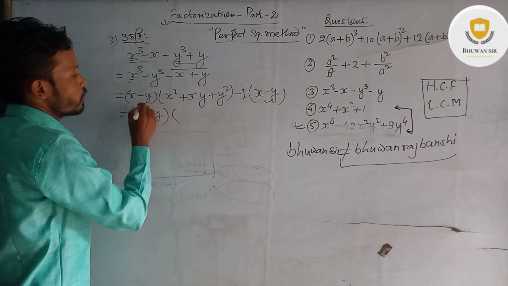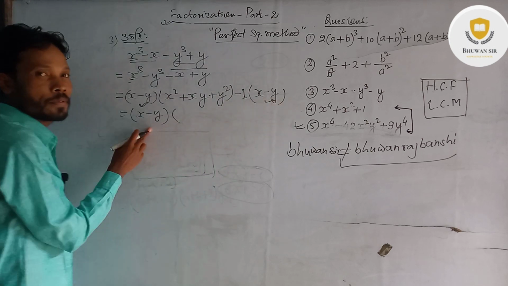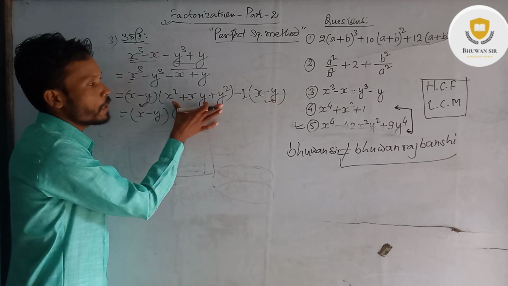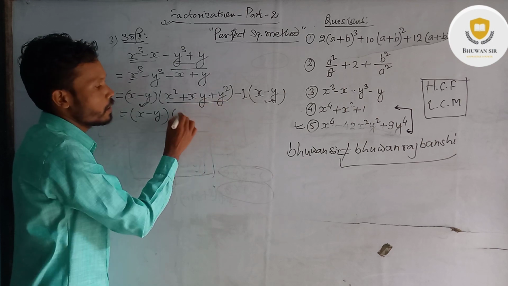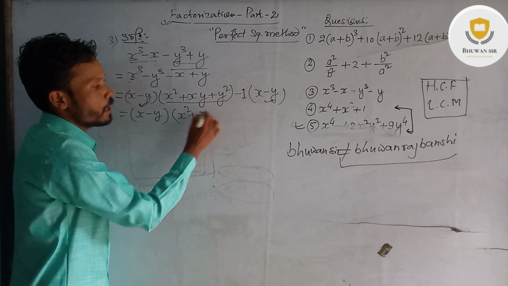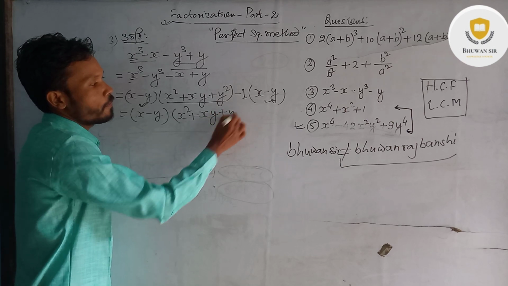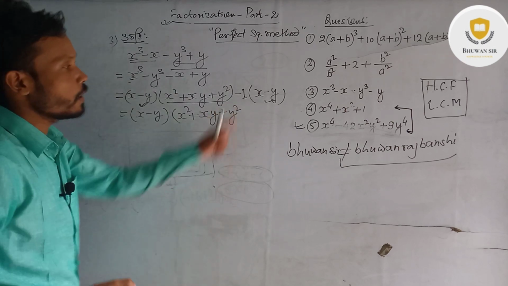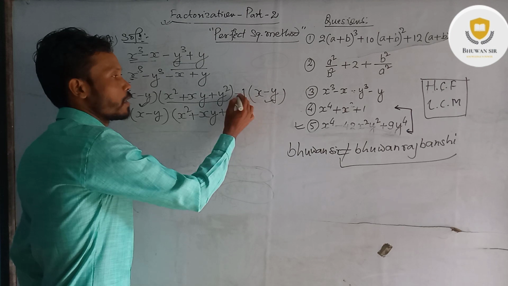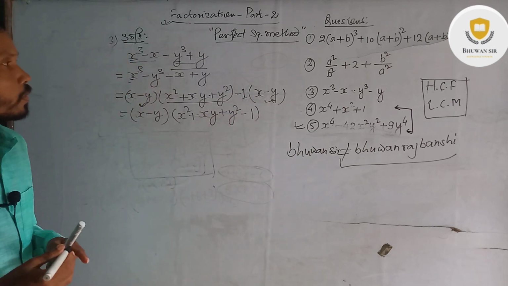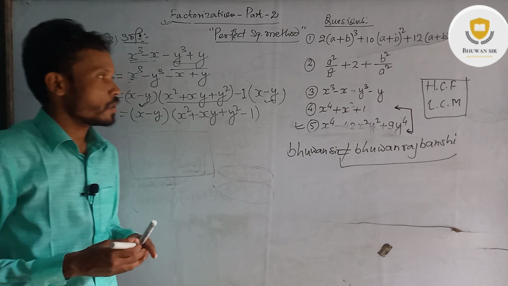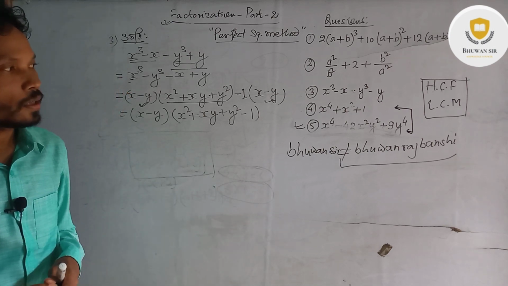The remaining part from the first part is x square plus xy plus y square, and from the second part, what is our remaining? If there is no remaining, then always write 1. Okay, minus 1. So this is the answer of question number 3.